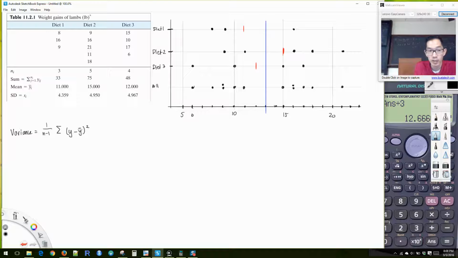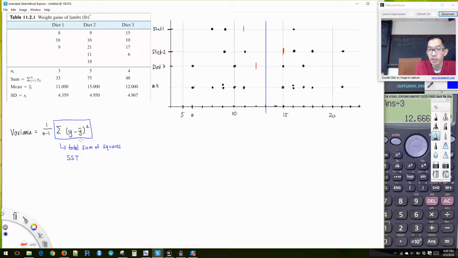Basically, all I'm going to do is take this part before dividing by n minus 1, and we're going to call this our total sum of squares, or SST.